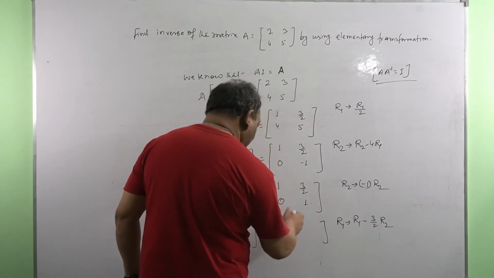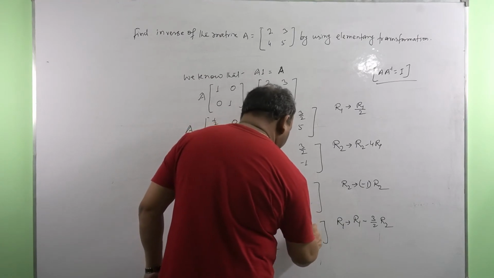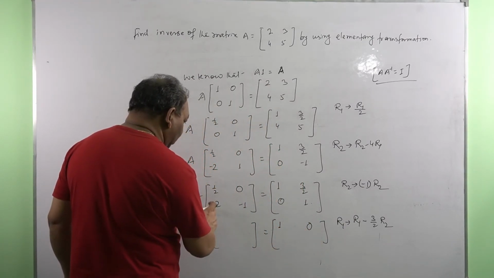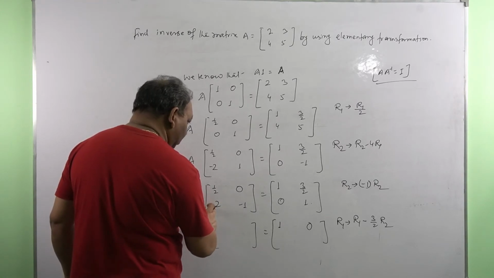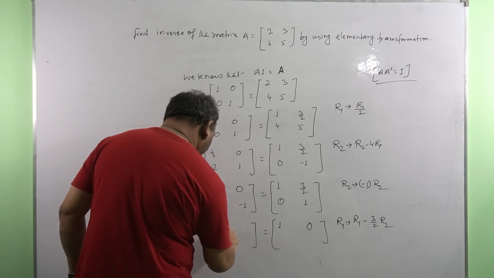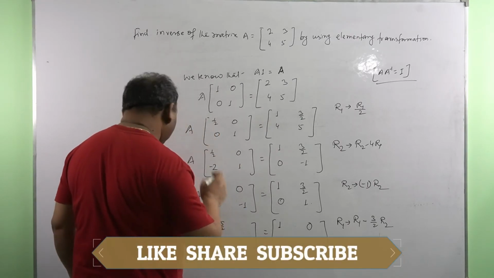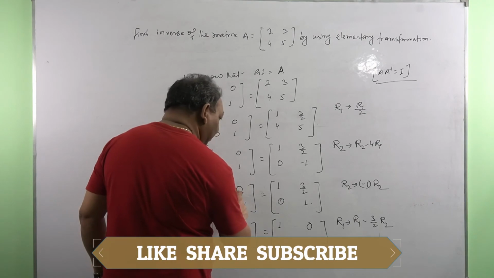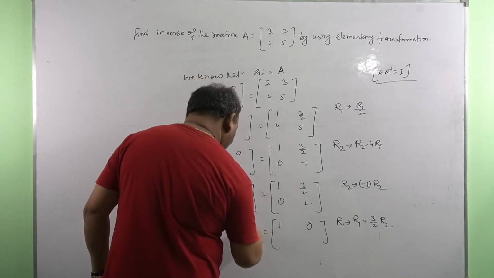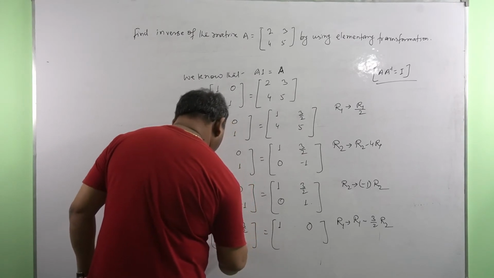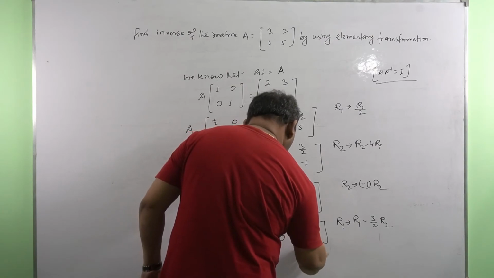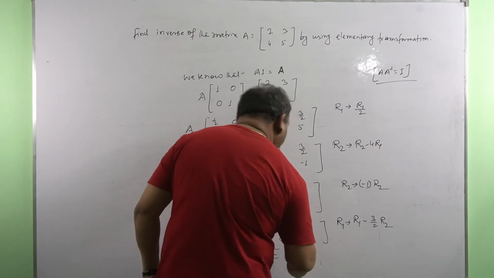So 1, 0, and on the right side, R1 minus 3 by 2 R2 means half minus 3, which is minus 5 by 2, and 0 minus minus gives plus 3 by 2. Then 2, 1, 0, 1. This is the identity matrix.